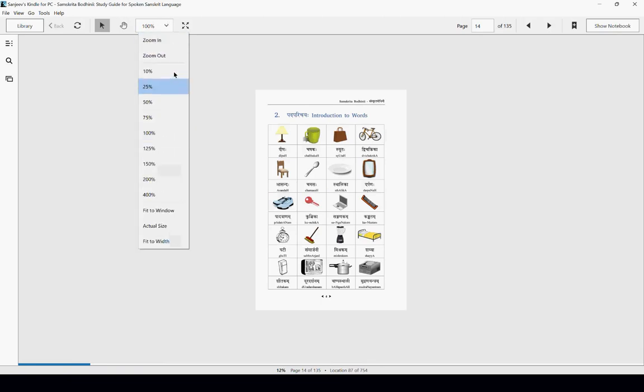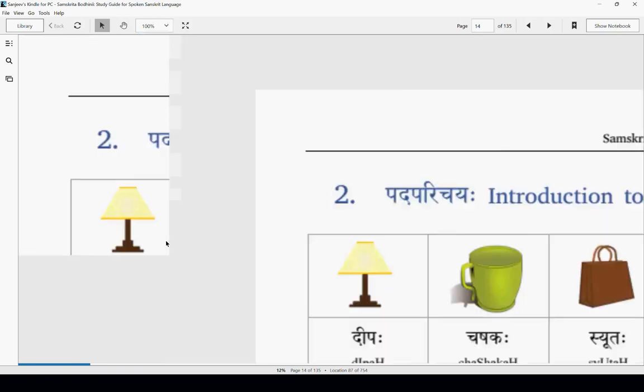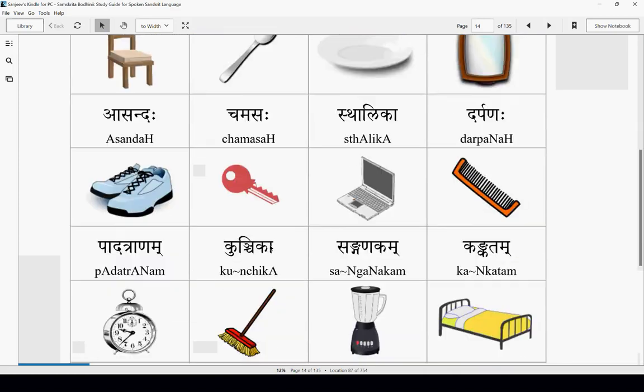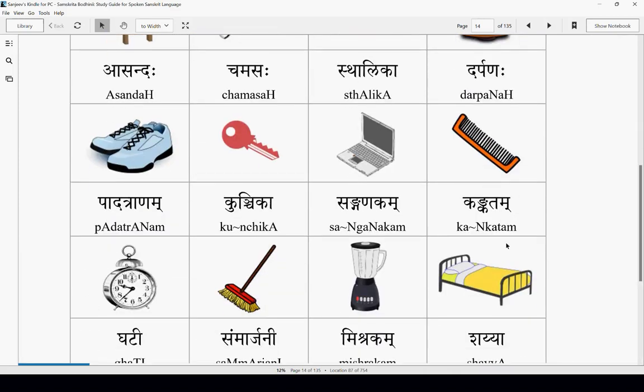So here you see Ghati, which looks like this, and Ghataha, Ghata is pot, which looks like this. And so, how are they related?